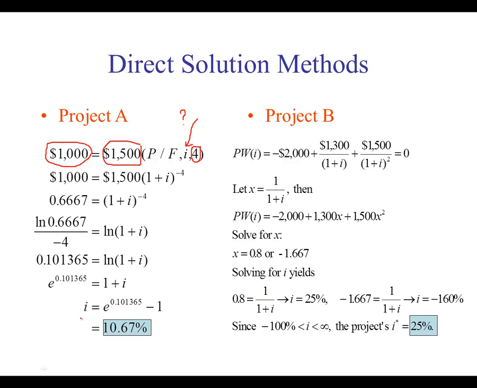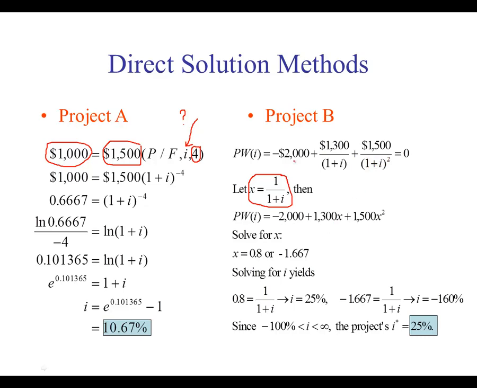And to do that, we will assume that 1 over (1 plus I) is equal to X. 1 divided by (1 plus I) is equal to X. Based on that, we will convert the 1 over (1 plus I) into X. 1 over (1 plus I) squared is X squared, and so on.